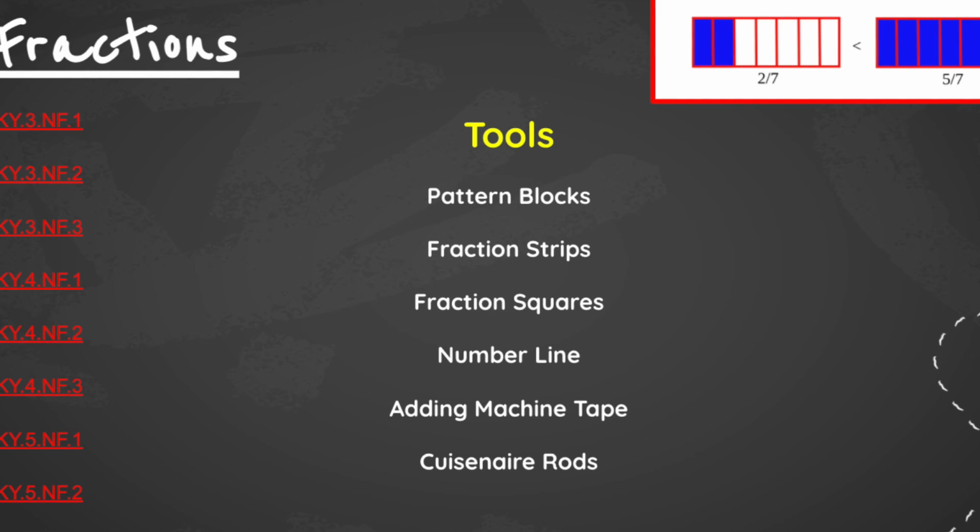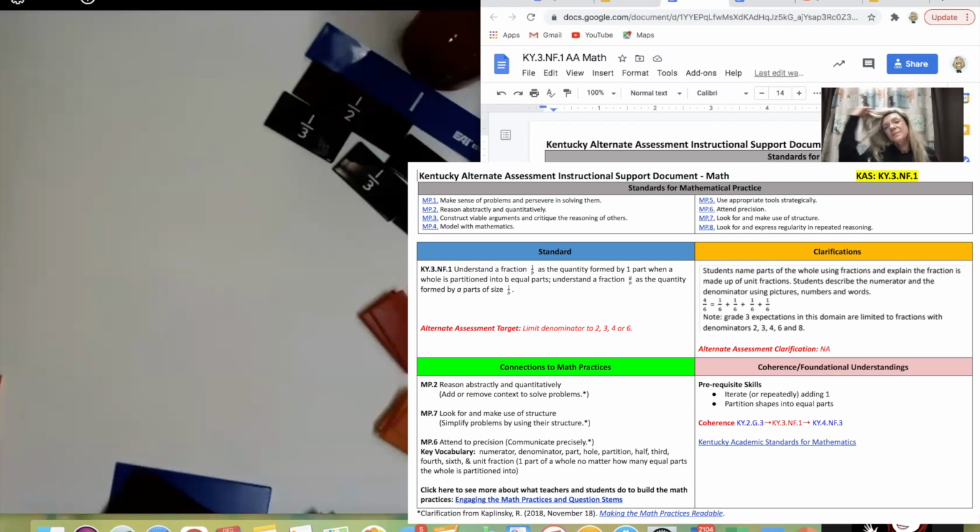So let's look at our fraction standard and talk about what we're going to do, and look at the limitations. That's what I want to look at with these fractions. So in the 3rd grade, notice that it is working with unit fractions. When I say unit fraction, that's when there's a 1 in the numerator at the top.